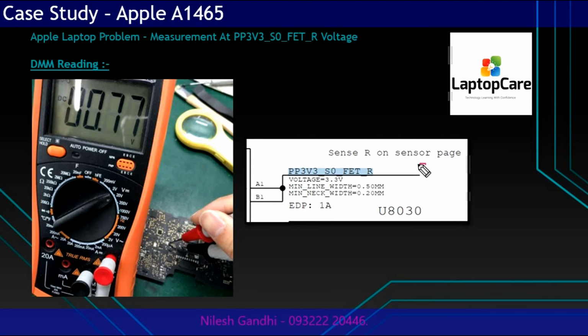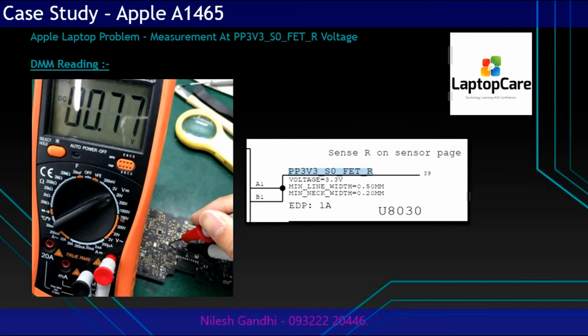Here also at this junction we measured a voltage of 0.77 volt, which is a low voltage, and hence in turn PP3V3_S0 is also 0.77 volt as we have seen in the previous slide.